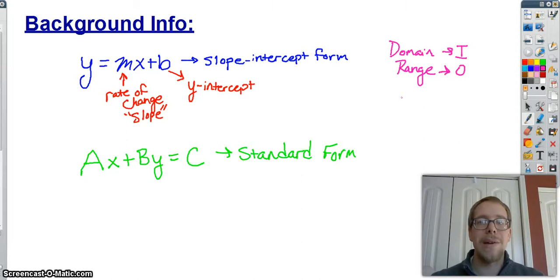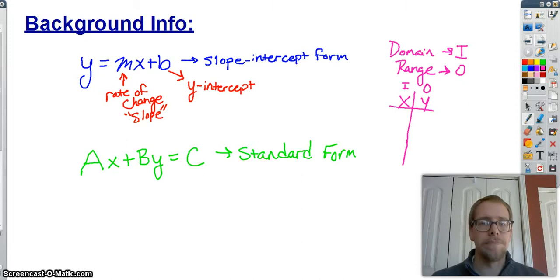And we're also going to talk about an input-output table, which typically we will write as an x, y table, or using the two variables that are involved in our equation. X is representing our input, y's representing our output. So that's some background info that we're going to need to know going into graphing these linear equations.